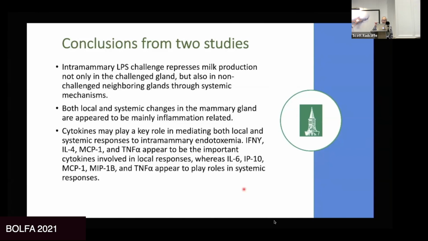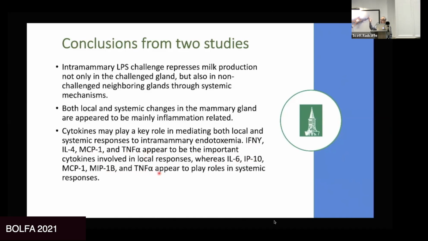But we also identified some potentially important cytokines that may play an important role in this systemic effect or local effect, such as interferon gamma, IL-4, MCP1, TNF alpha, very important for local; and IL-6, IL-10, MCP1, MIP1B, and TNF alpha appear very important for local effect.